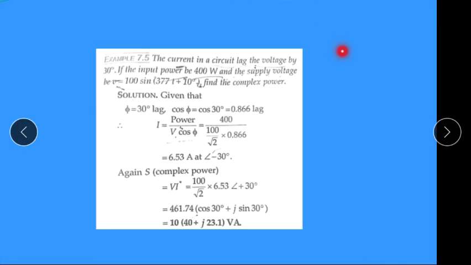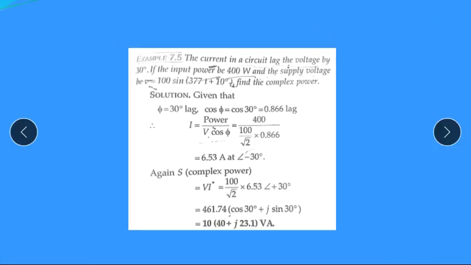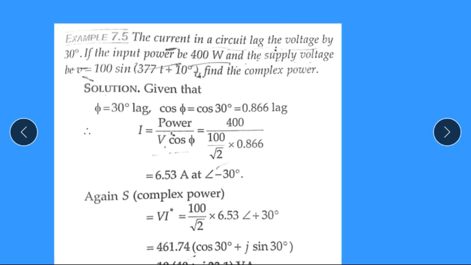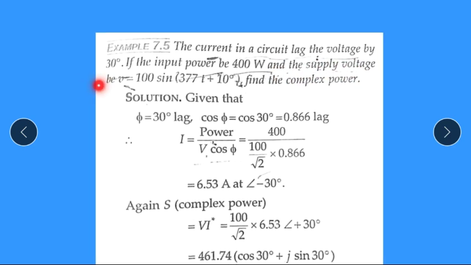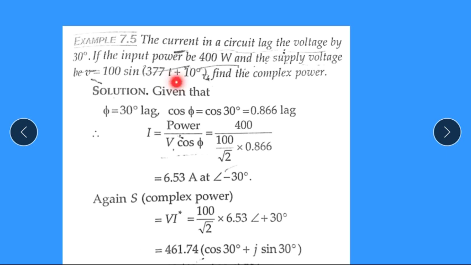Now in the next question, the current in a circuit lags the voltage by 30 degrees. If the input power is 400 watt and the supply voltage is V equal to 100 sin 377t plus 10 degrees, find the complex power.